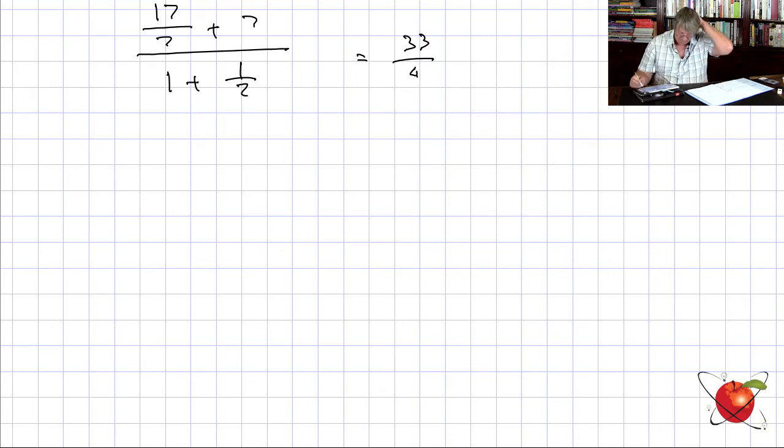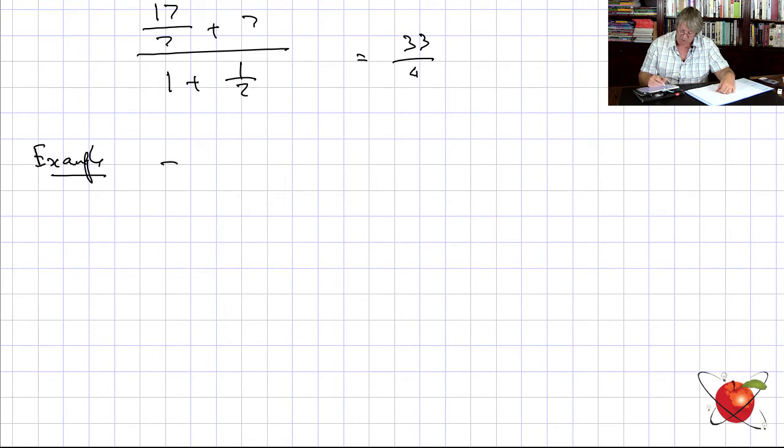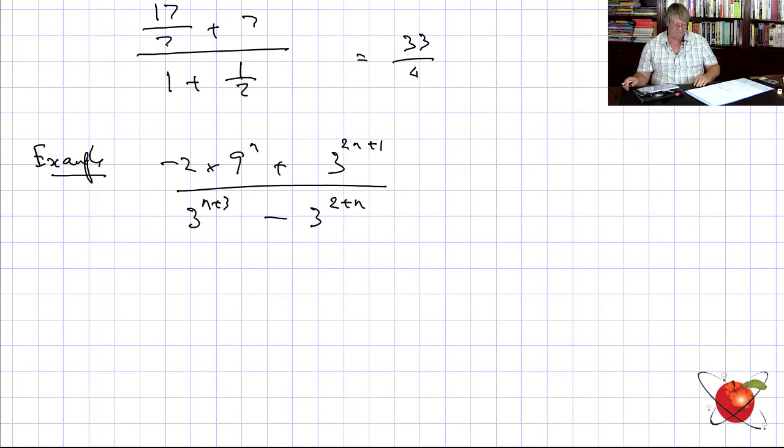All right? Let's have a look here. Example. Minus 2 times 9 to the n plus 3 to the 2n plus 1 all over 3 to the power of n plus 3 minus 3 to the power of 2 plus n.